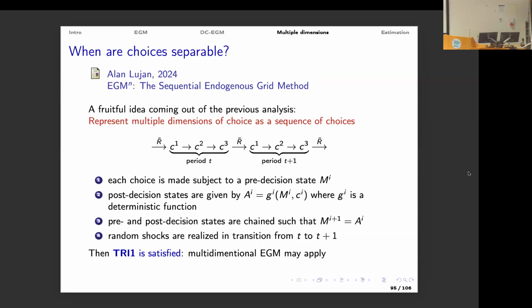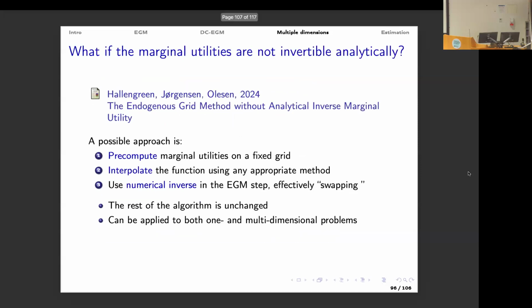When the choices fall into this nice sequence, that basically says that this is a diagonal rather than triangular system. So there are problems where this applies, and then of course the whole EGM can go through, and it would make things fast and nice.